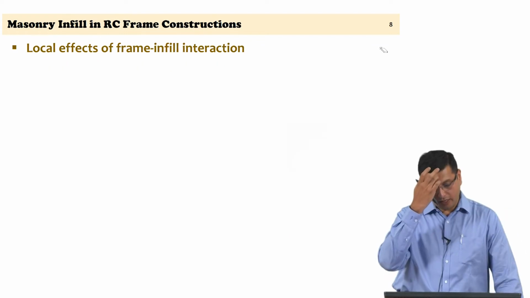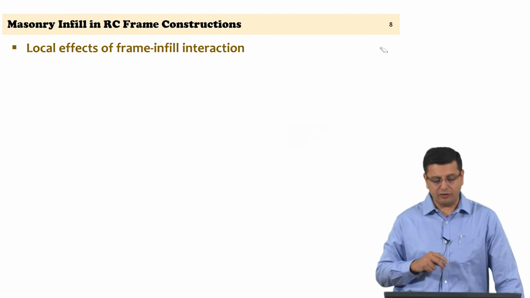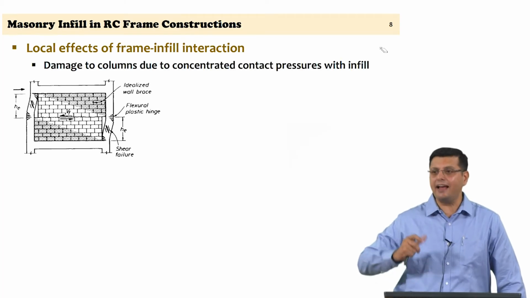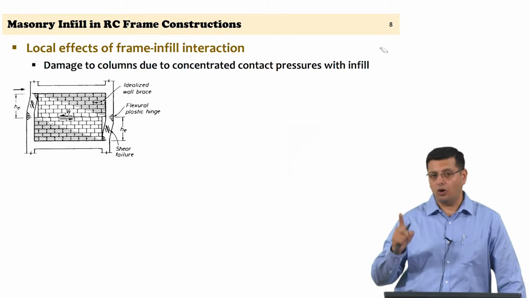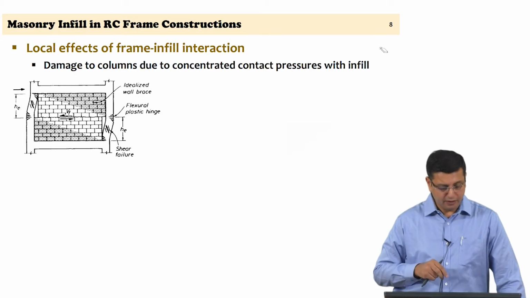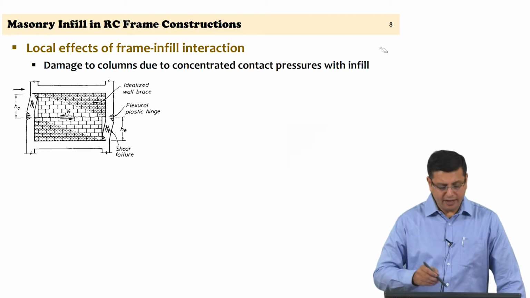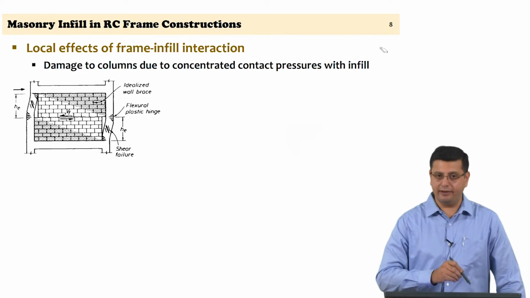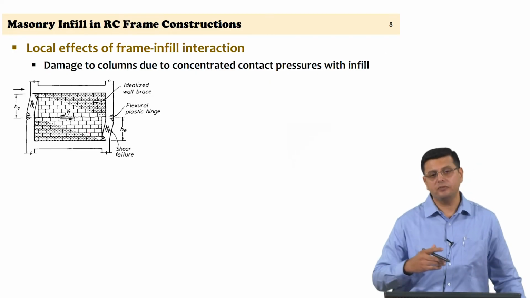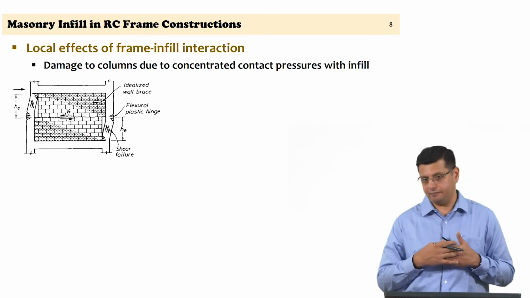Okay. What are the local effects of frame infill interaction, and how does this then have a role to play on the additional demands coming onto the framing elements? Now, if there is a failure in the panel, let us consider a first failure mechanism where the panel is failing due to shear sliding, right.